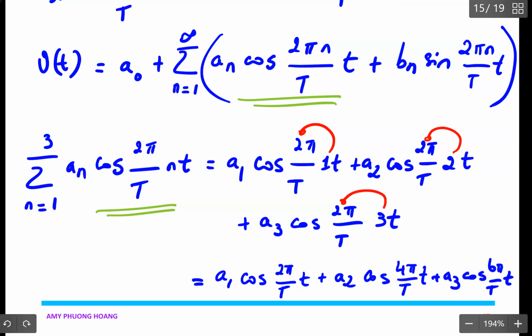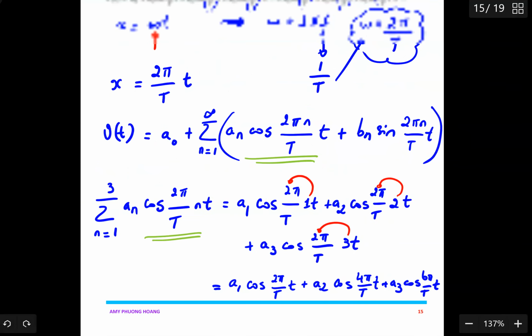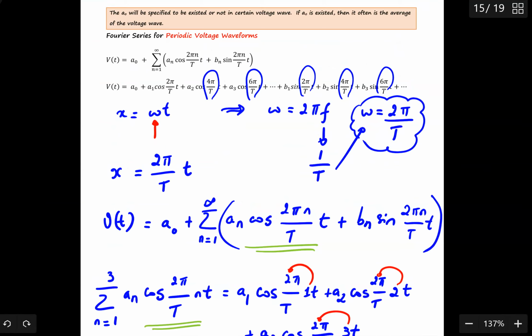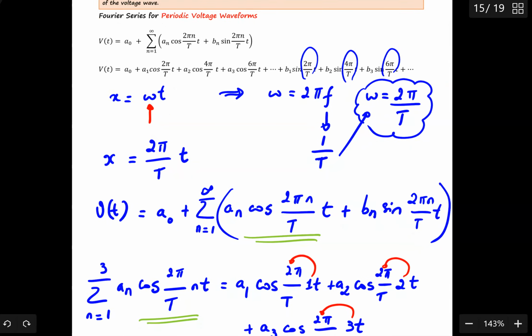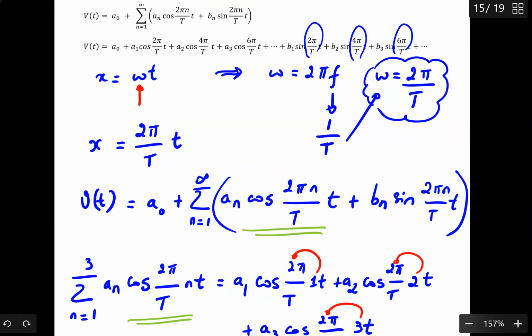Let's compare with the formulas that I see up here. Now you see why I have this turn into 2 pi, 4 pi, and 6 pi.